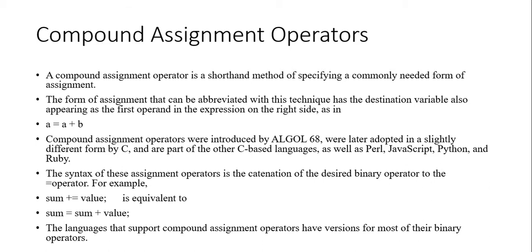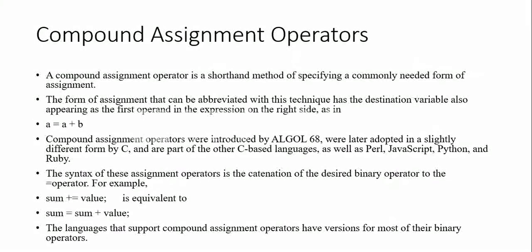The form of assignment that can be abbreviated with this technique has the destination variable also appearing as the first operand in the expression on the right side, as in A = A + B. This is a compound assignment: the destination A appears as the first operand in the expression on the right hand side. Compound assignment operators were introduced by Algol 68.